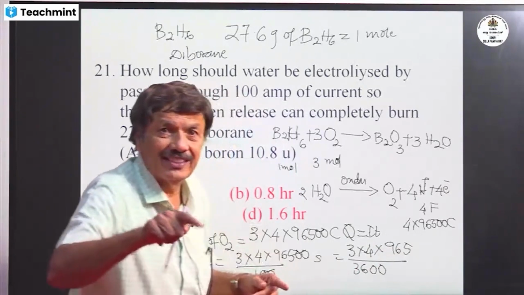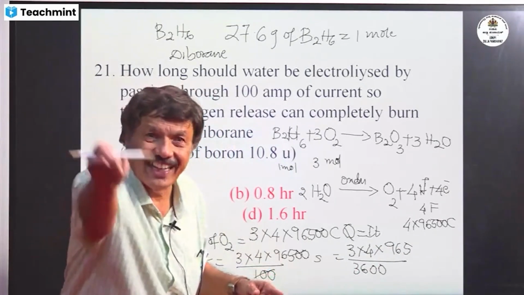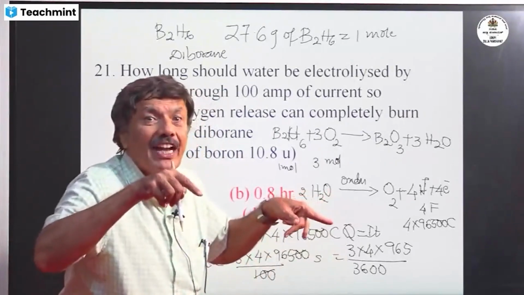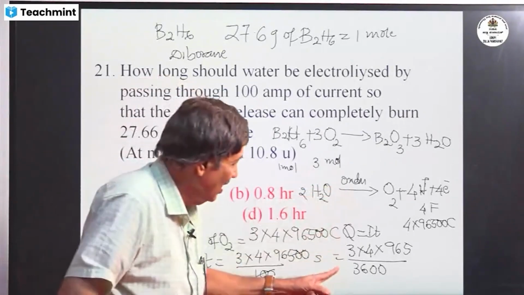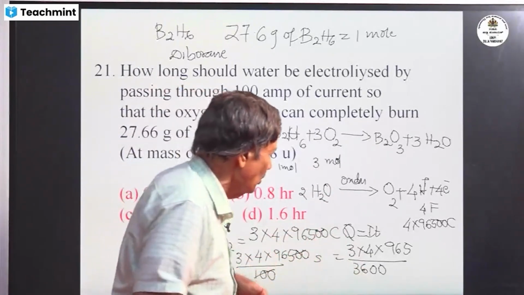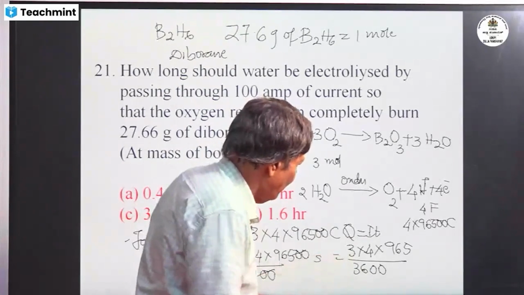Because 1 hour is 60 minutes, 1 minute is 60 seconds. So to convert seconds into hours, you have to divide by 60 into 60, 3600. See now how you have to do it.